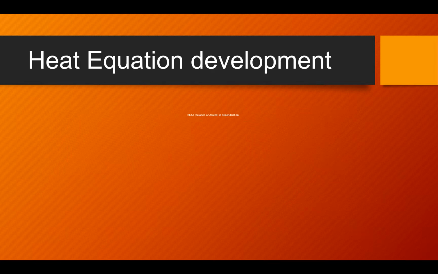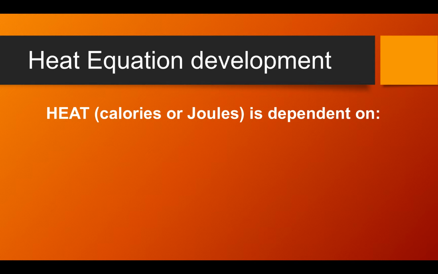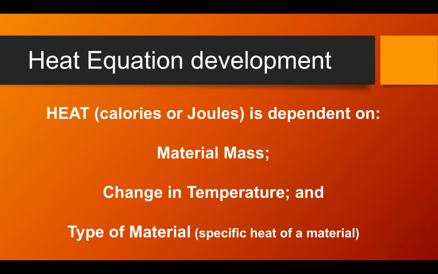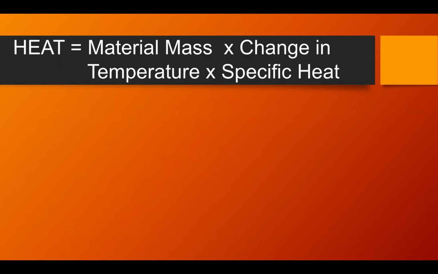So now we know that heat, which is measured in either calories or joules, as we learned in the heat transfer module, is dependent on material mass, the change in temperature, and the type of material defined by its specific heat. So heat equals material mass times change of temperature times specific heat.